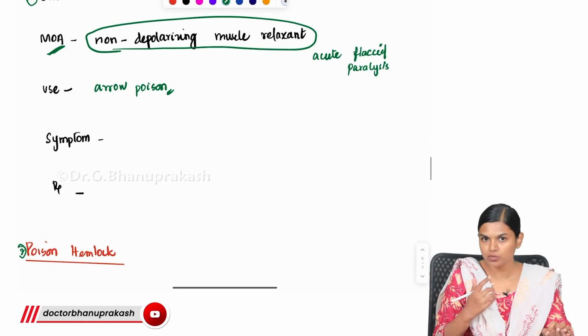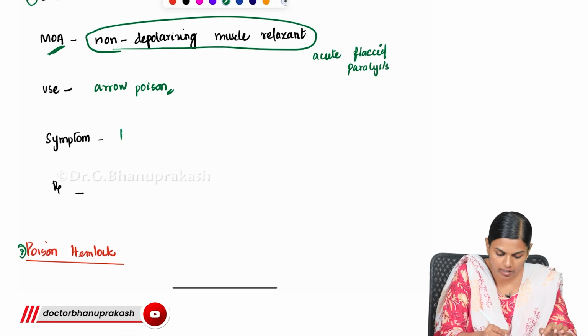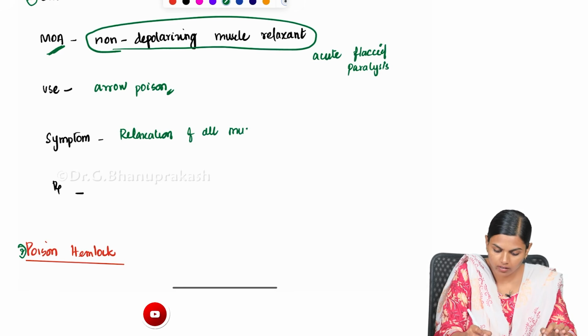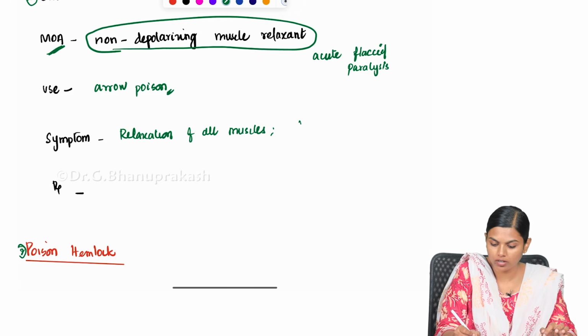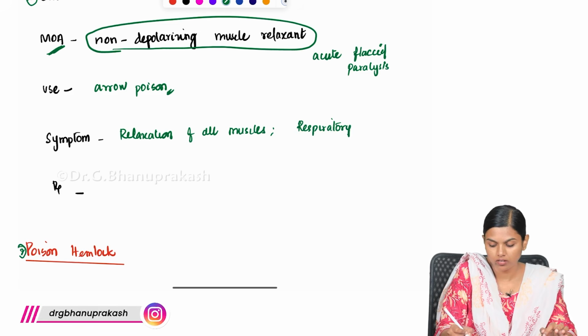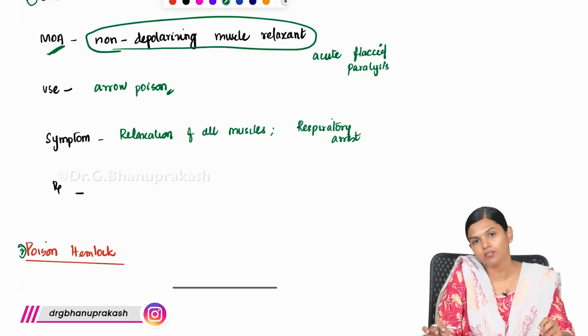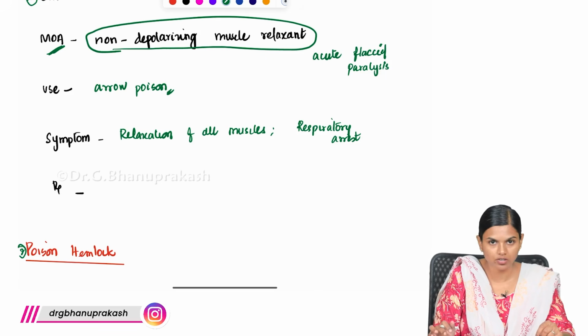And what are the symptoms that you will get? You will get relaxation of all muscles, and eventually respiratory arrest. All these spinal poisonings and peripheral nervous system poisonings will result in respiratory arrest and death.